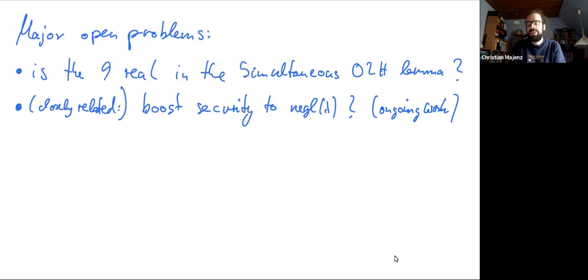And if it is not real, which is what we suspect, then we should find a stronger version of the simultaneous O2H lemma. And closely related is the problem that we would like to boost the security of the copy protection scheme to a negligible advantage. First of all, we have an ongoing project on that that has just started. But then one way of solving this second problem would be to solve the first problem.